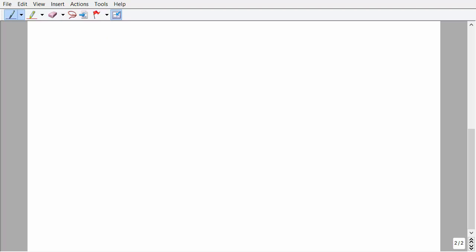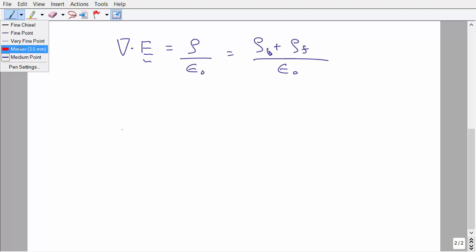So the procedure was that we separated out the various charge contributions to our divergence equation in E. Okay, so this was the first step.